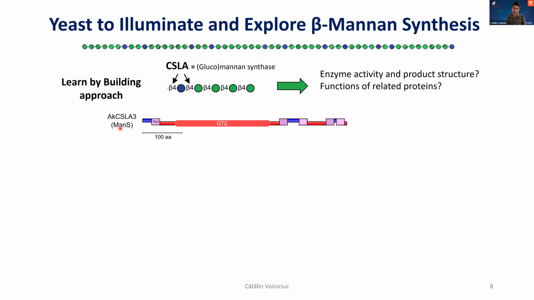And we can express a single enzyme or combination of enzymes in a surrogate host and understand their individual or joint functions. We can then also investigate the metabolic bottlenecks. Is mannan elongation limited by the precursor or by the enzyme itself or by the need for a cofactor?